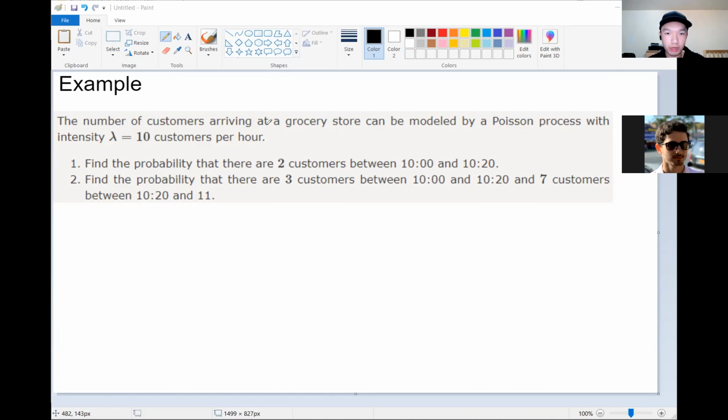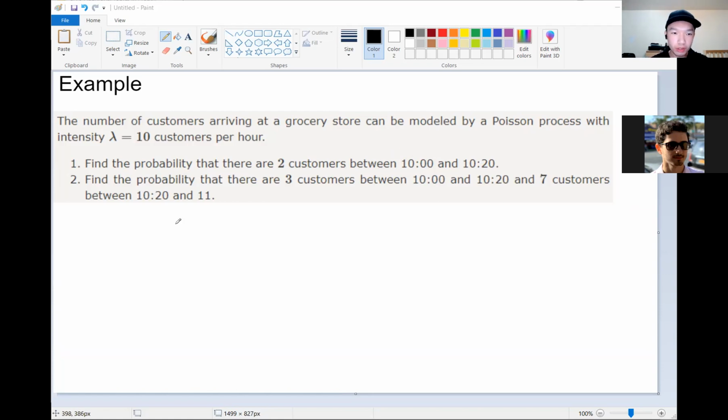The number of customers arriving at a grocery store can be modeled by a Poisson process with intensity lambda equals 10. Okay, so yeah, some questions might refer to the parameter as intensity as well, because the more customers that arrive per hour, the more intense it is. So they give us our parameter of 10, and then let's read what they want us to find. So find the probability there are 2 customers between 10 and 10:20.